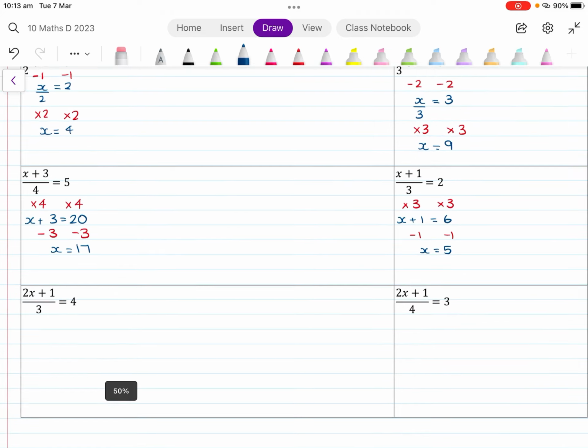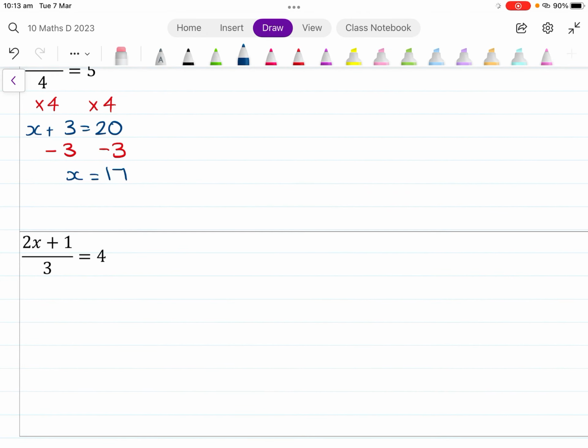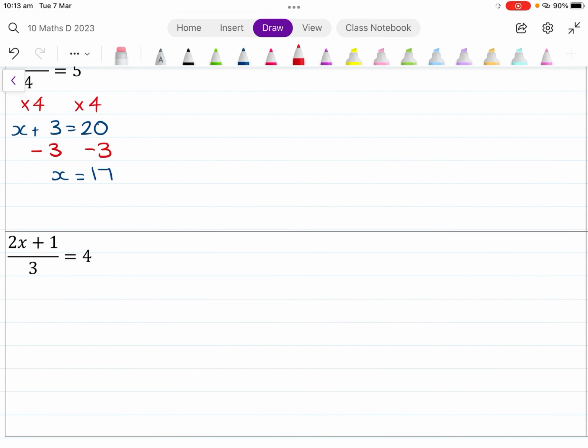Our last example here, we have 2x plus 1 over 3 equals 4. Again, it's all divided by that 3, so we want to get rid of that 3 first by timesing both sides by 3. This leaves us with 2x plus 1 on our left-hand side equals 4 times 3, which is 12 on our right-hand side.